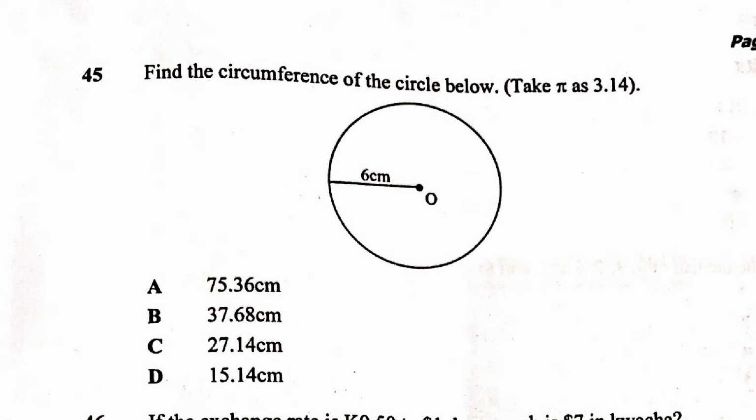Just like the way we calculated a perimeter with the first question of this paper, circumference is the same as looking at the perimeter. So in this question, they are saying, find the total distance around this circle.